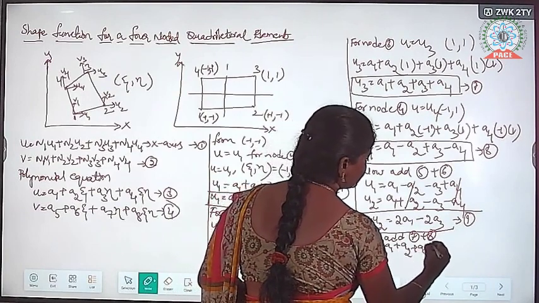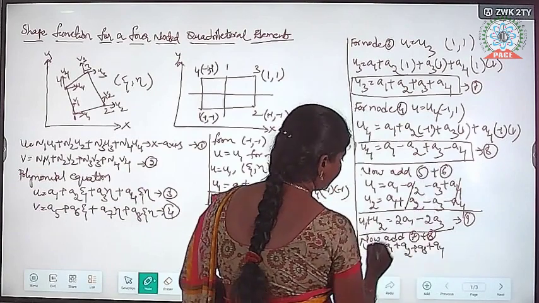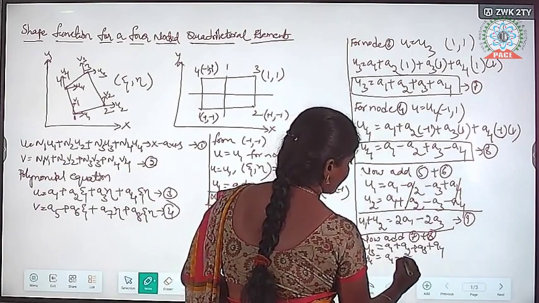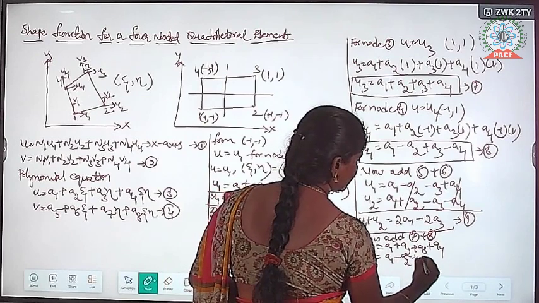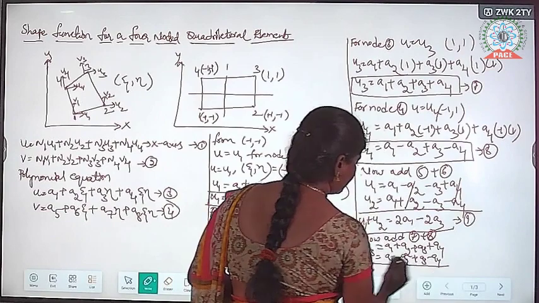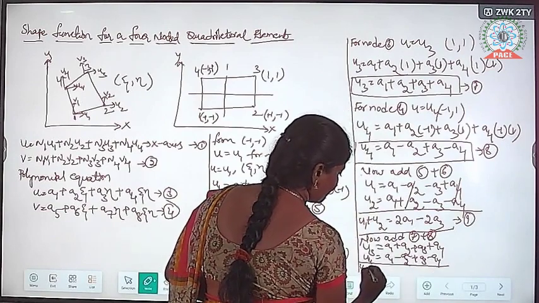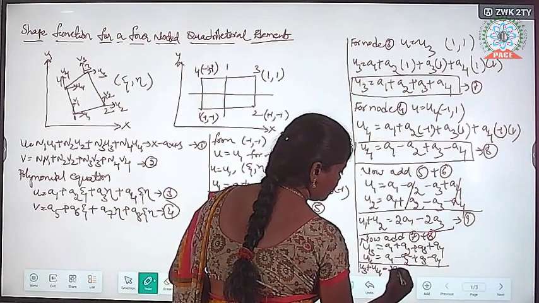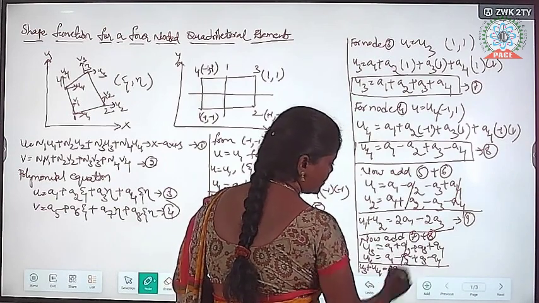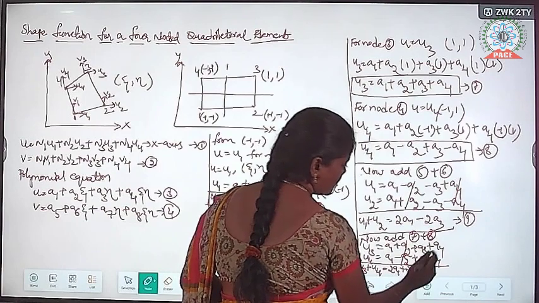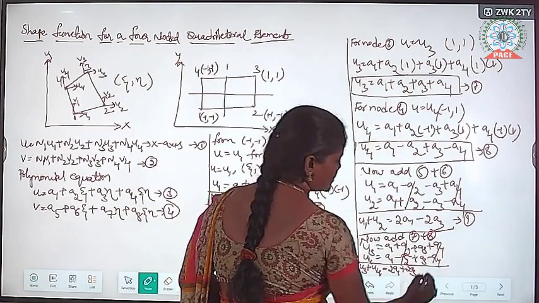Again 8th equation, u4 is equal to a1 minus a2 plus a3 minus a4. Now u3 plus u4 is equal to 2a1, plus a2 minus a2 cancel, plus 2a3, plus a4 minus a4 cancel. This is the equation number 10.